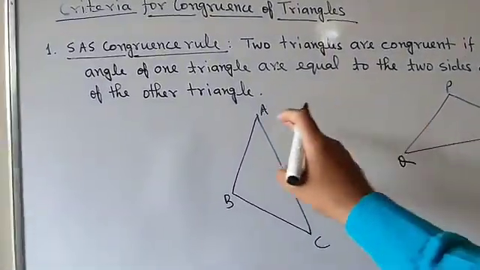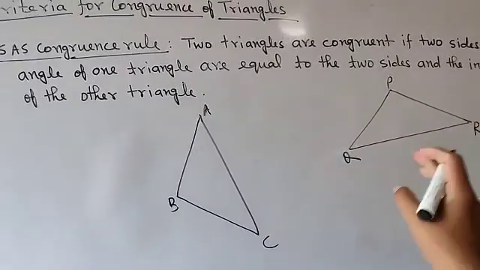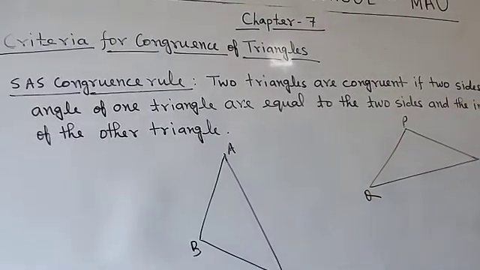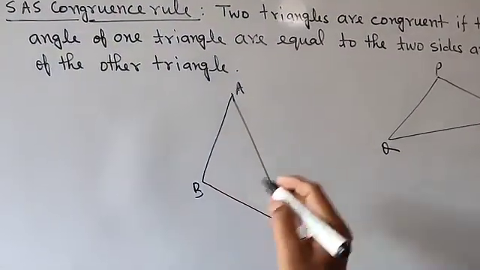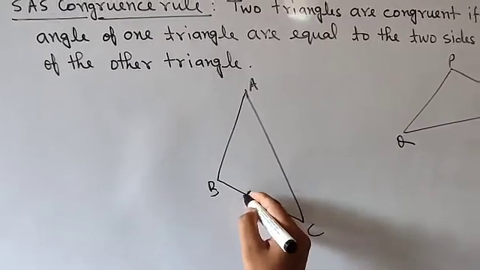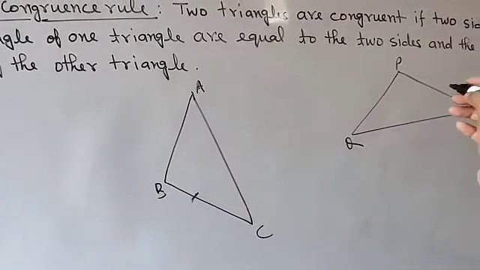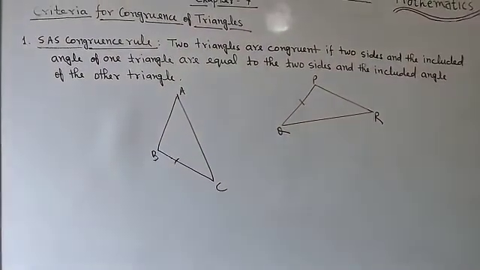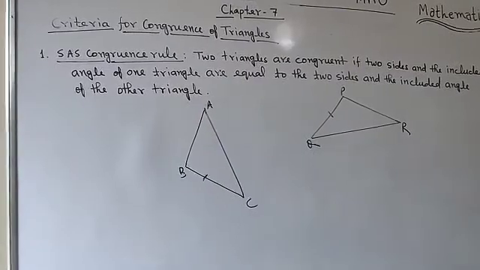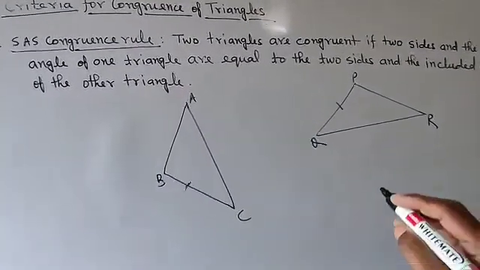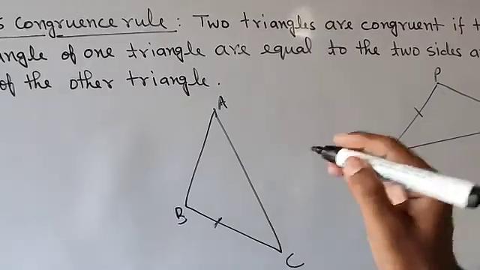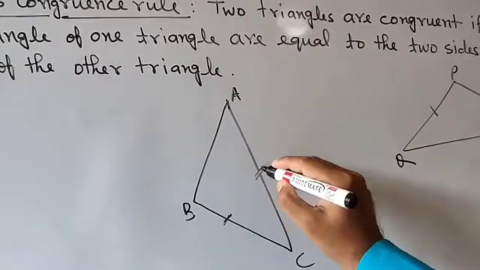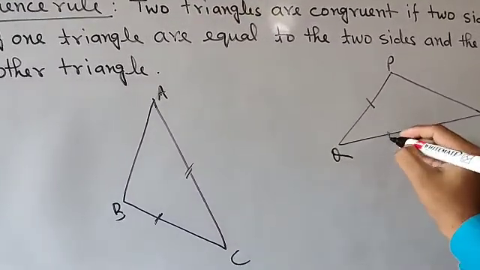I have taken two triangles, triangle ABC and triangle PQR. If it is given that in both the triangles, two sides are equal to the corresponding sides of the other triangle, like suppose you are given that BC side is equal to PQ, and it is also given that AC is equal to QR.